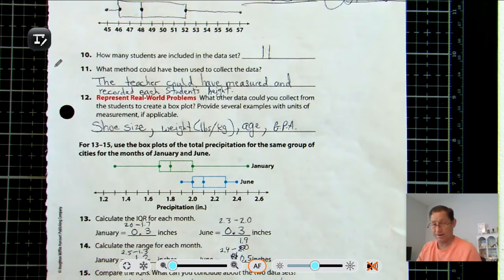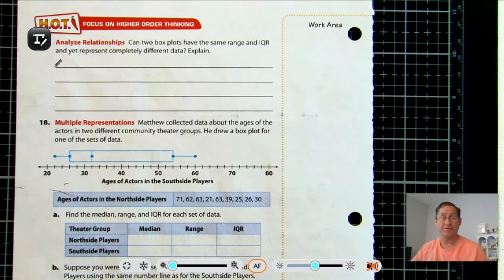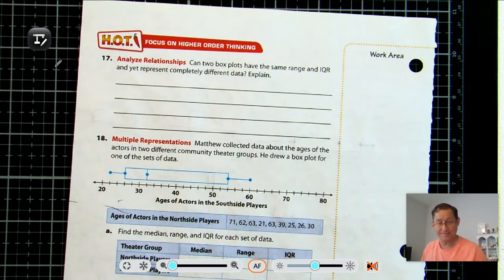So the difference between the highest amount of rainfall and the least is greater in January. You have a greater fluctuation between greatest and least.